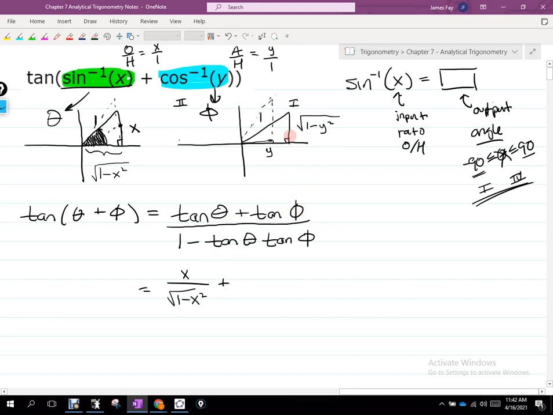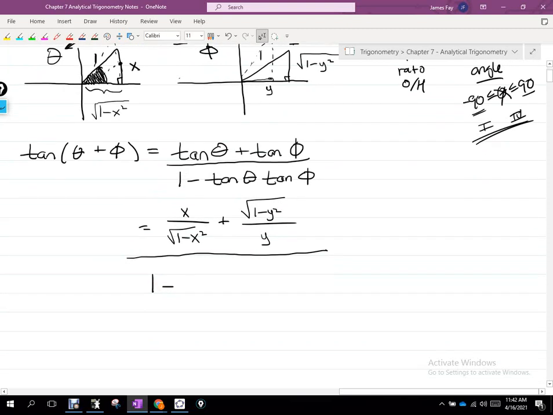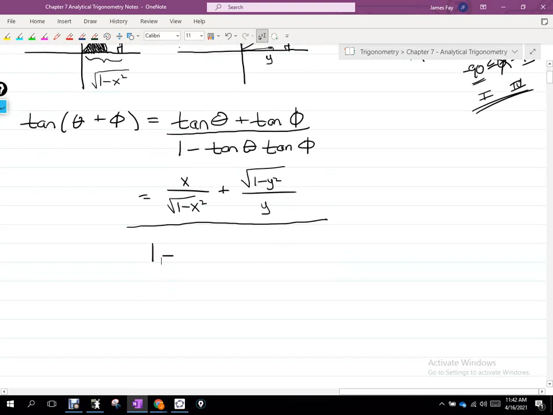Add to that the tangent of phi, which would be root 1 minus y squared over y. The denominator then becomes 1 minus the product of those two things now, right?